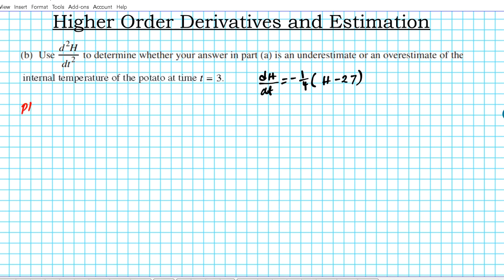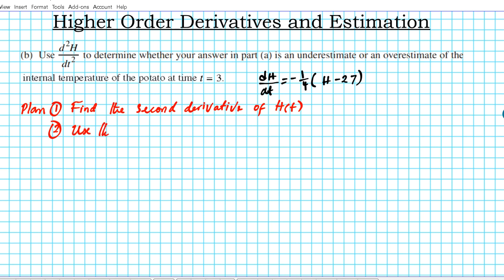All right, so let's specify our plan of attack. First of all, we are going to find the second derivative of h of t, starting from the first derivative. And then we're going to use the concavity. It's all about the concavity.